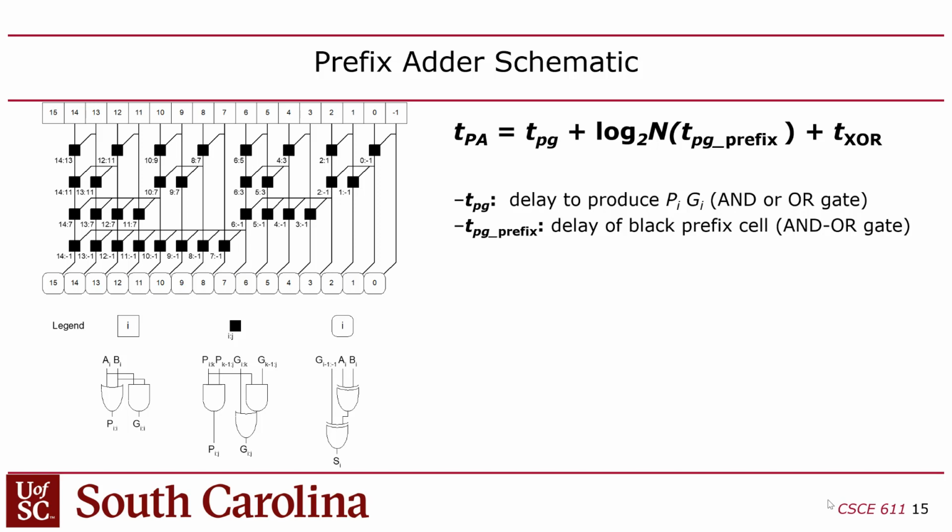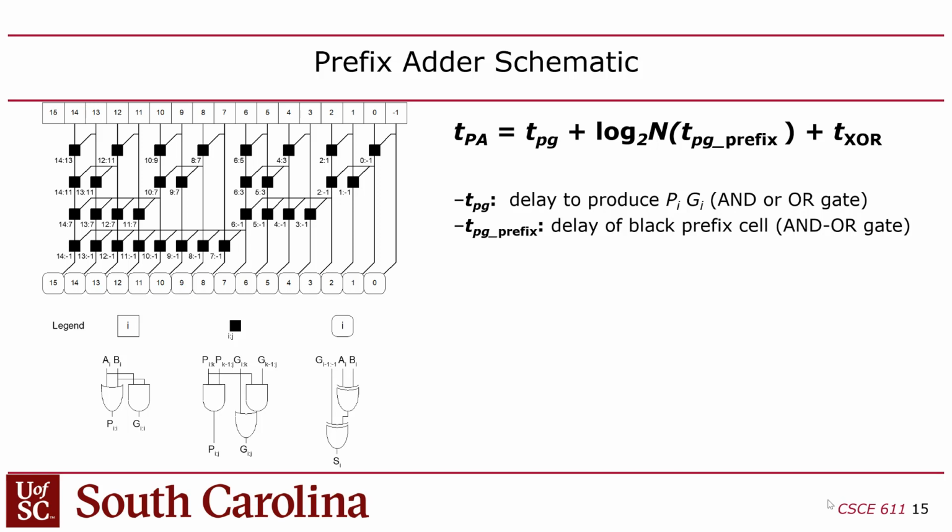We're going to merge. In the case when you first start out, all you've got is single bits. So I'm going to take, for example, bit 14 and bit 13, for which I get P and G, and merge them together, and I'm going to have a group of 14 down to 13.